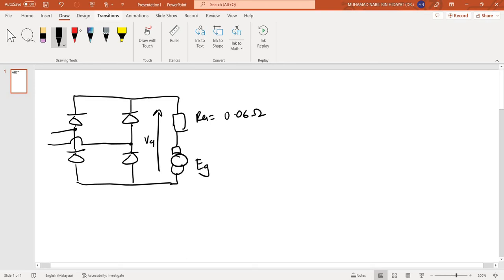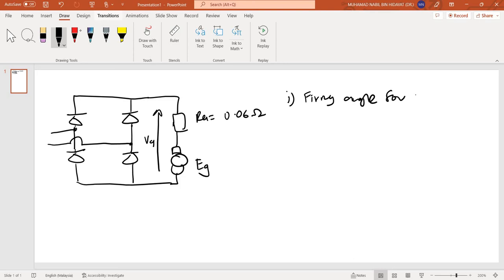So from here, for question number 1, what will be the firing angle for rated motor torque at 750 RPM?